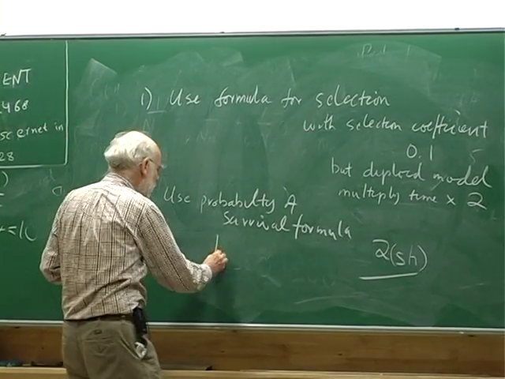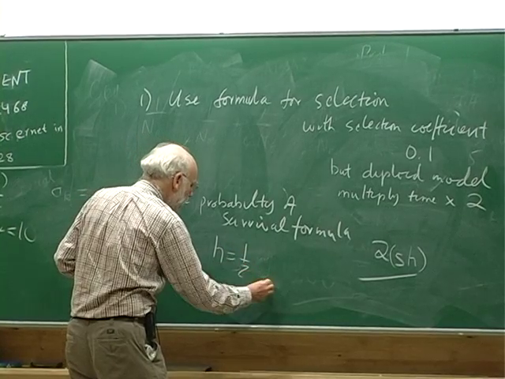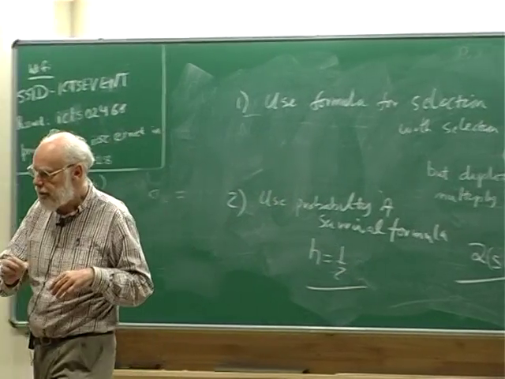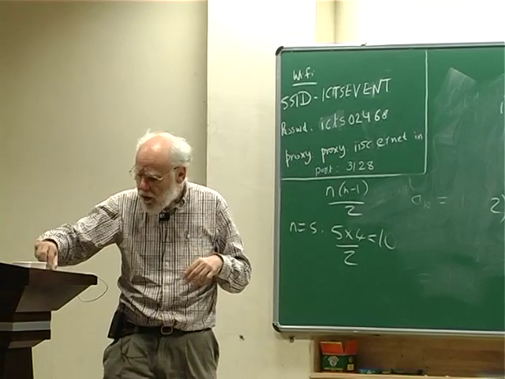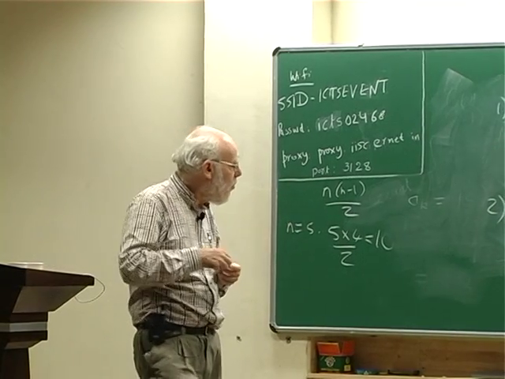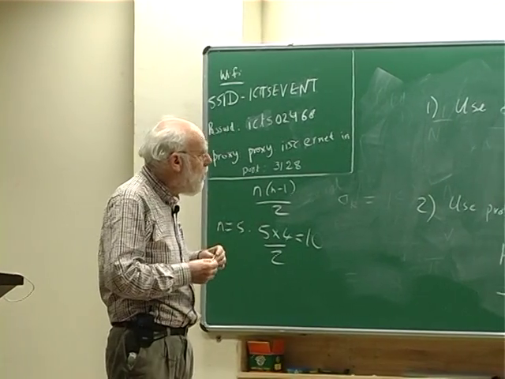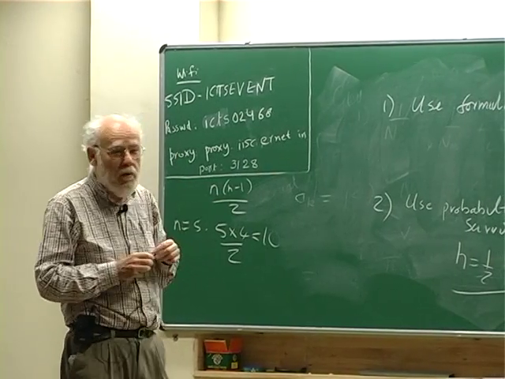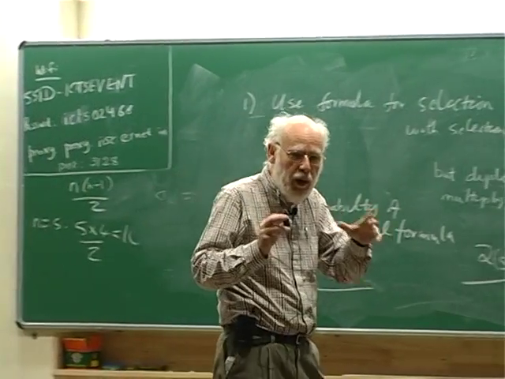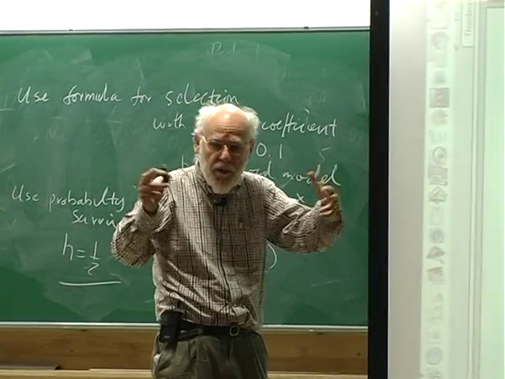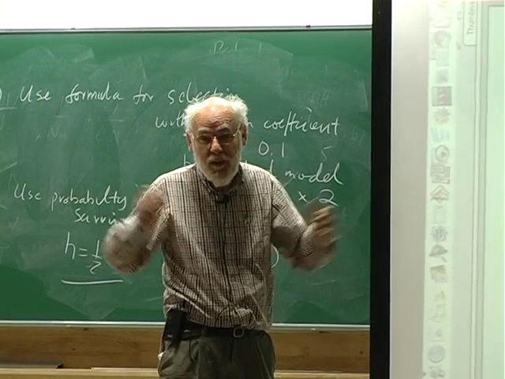And in this case, of course, h equals a half to make life simple. So if you use those 2 formulae, you should be able to work out the answer to these 2 parts of the problem. Now, there is a bit more to this problem than the previous one, so I'll give you 15 minutes instead of 10 minutes, okay?